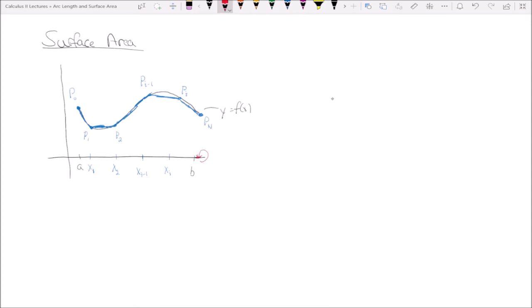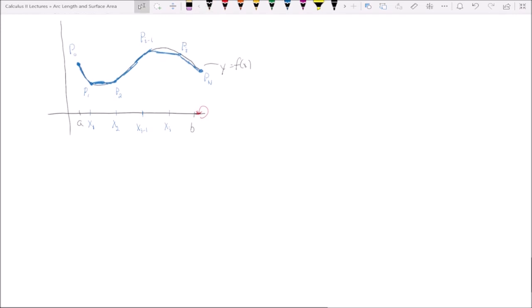Right, so we're rotating about the x-axis. Again, we're assuming f of x is greater than or equal to 0, and we are revolving it about the x-axis.